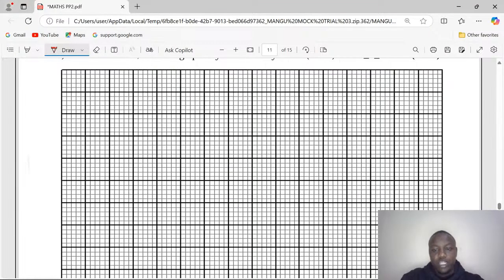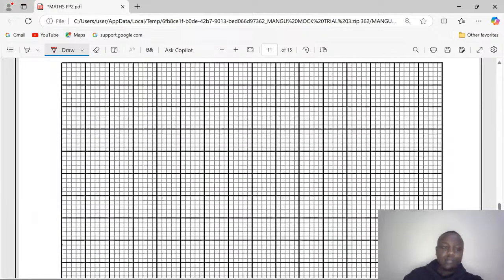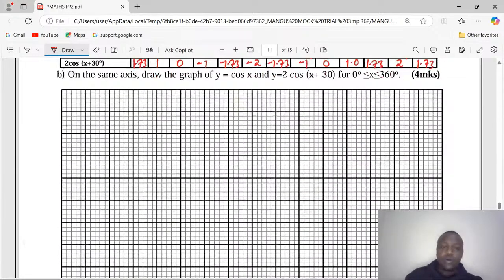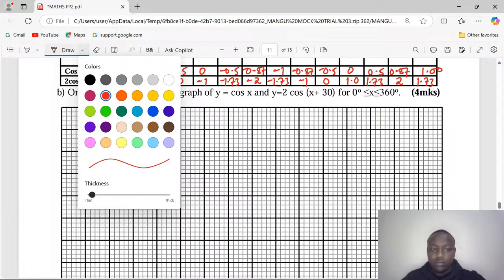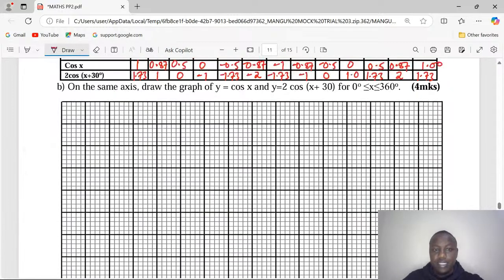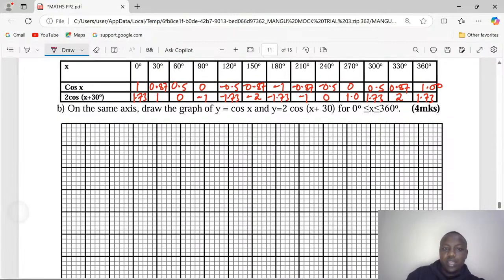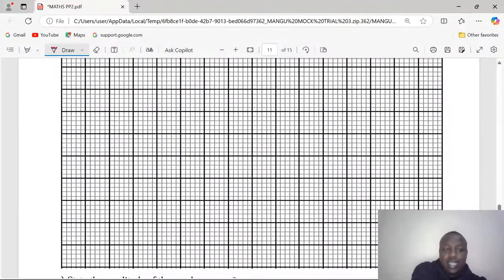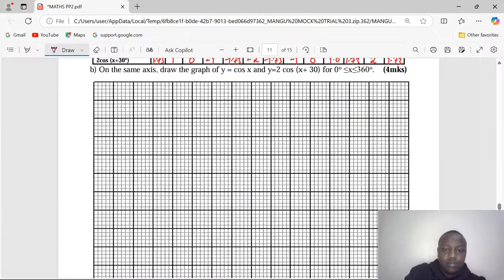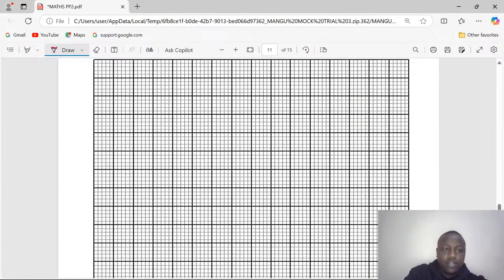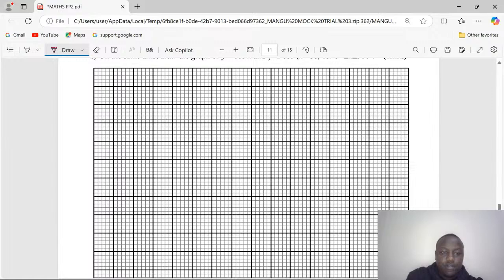So we need to come up with a very good scale which will accommodate all the values. In the first case, I will start with intervals of 30 for the x-axis.